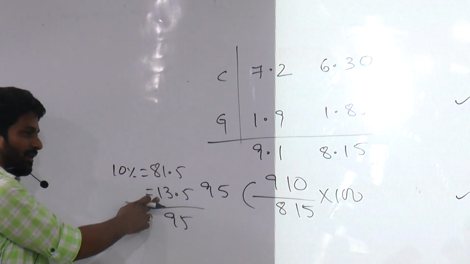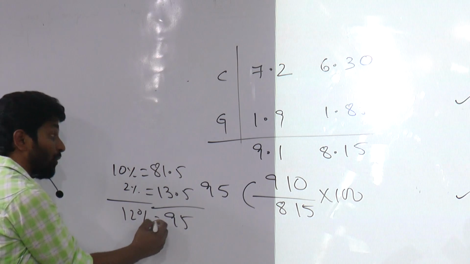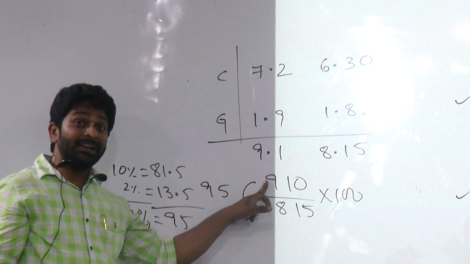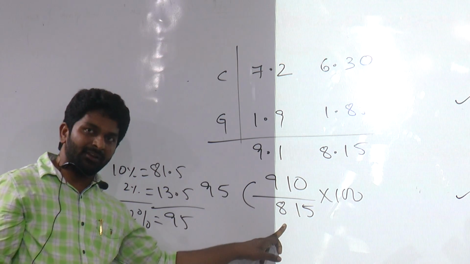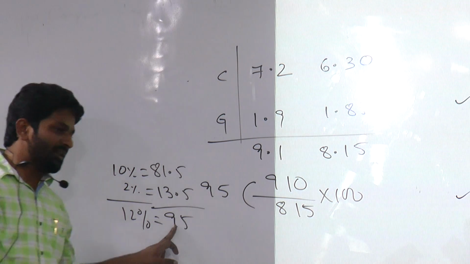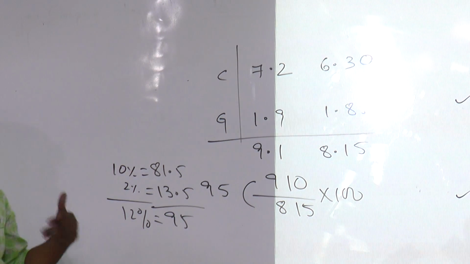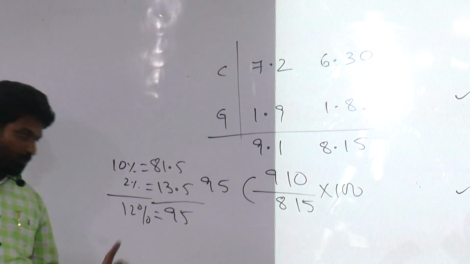This is more than 1%. We will treat it as 2%. So it is 12% more. Numerator 910 is 95 more than 815. In terms of percentage, 95 is 12% more. If it is 12% more, answer is 112%. This is correct.